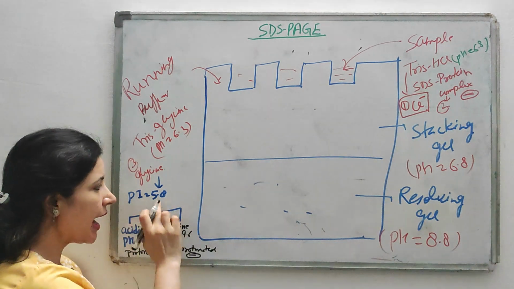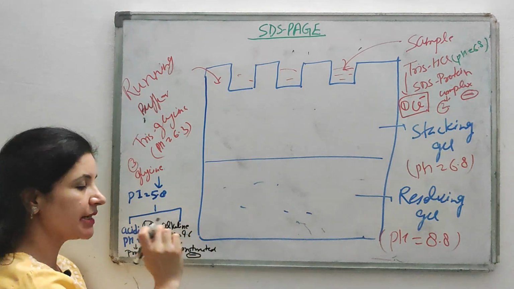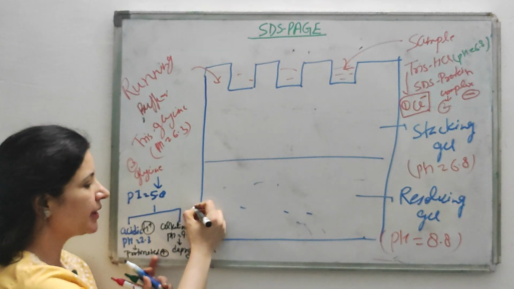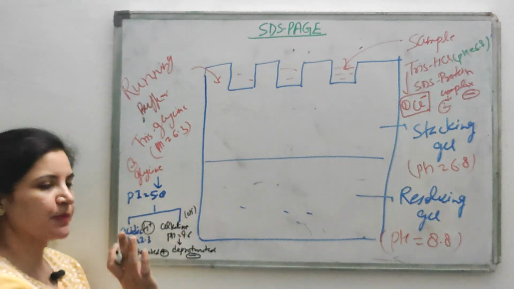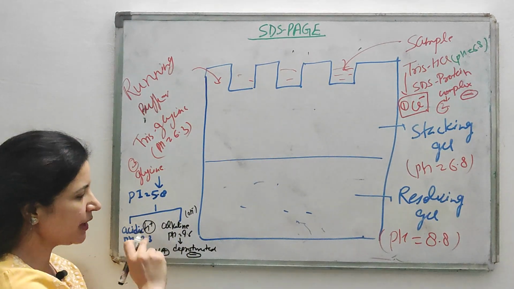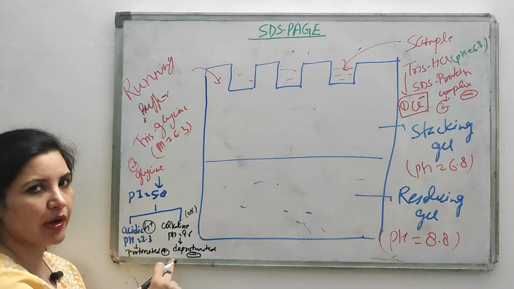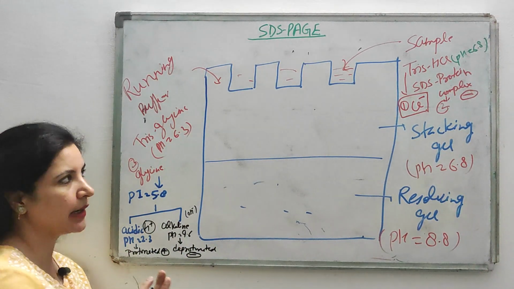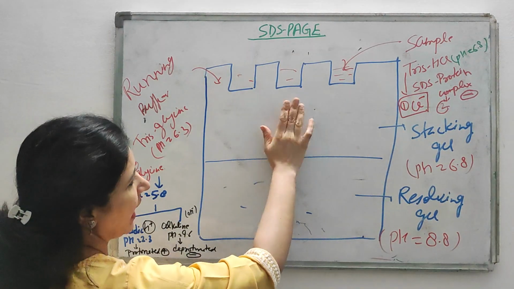And suppose if you put this glycine in alkaline medium, then alkaline medium has more OH minus ions. Suppose pH is 9.6. Then at this alkaline pH, glycine is what? It is deprotonated, and being deprotonated, it carries negative charge. Got it?